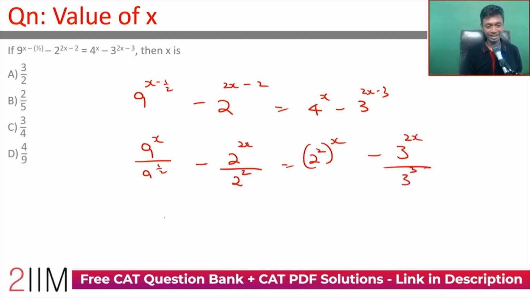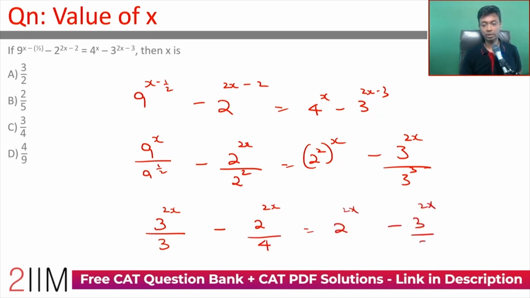And so 9 power x by 3, which is 3 power 2x by 3, minus 2 power 2x by 4 equals 2 power 2x minus 3 power 2x by 27.